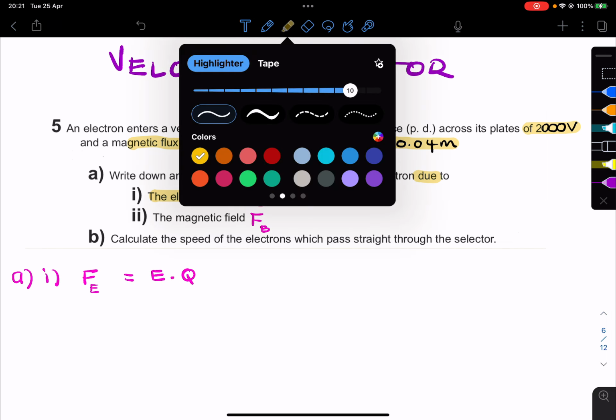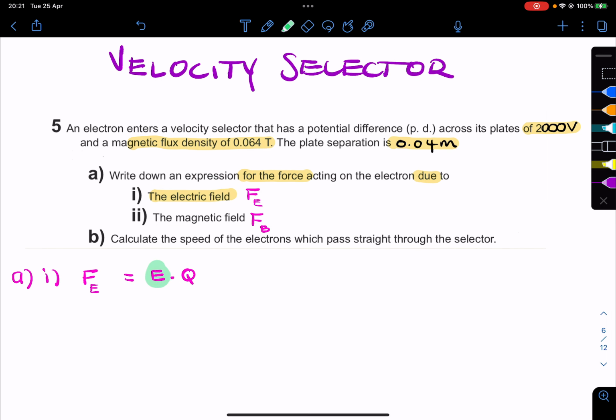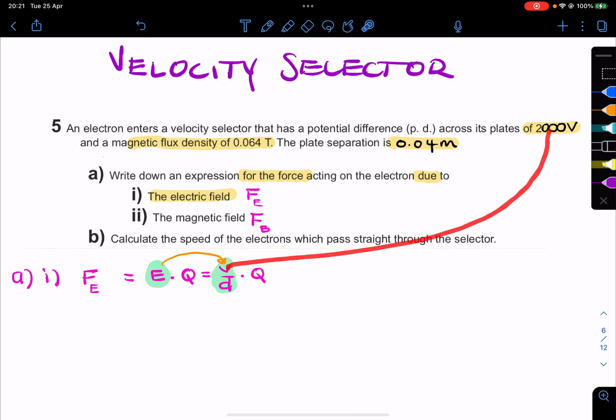And the electric field can be written as V over D. So we can write this as V over D times Q. V is your potential difference, D is the separation, and Q is the charge on the electron. So we can write it as V over D times e.